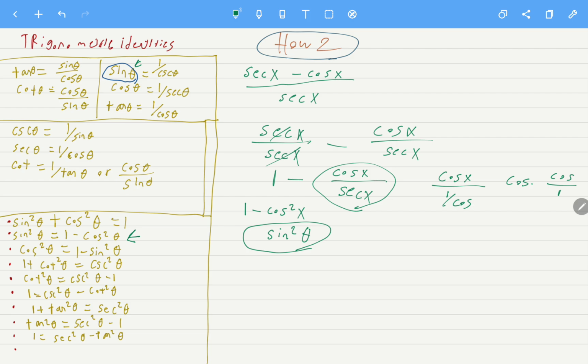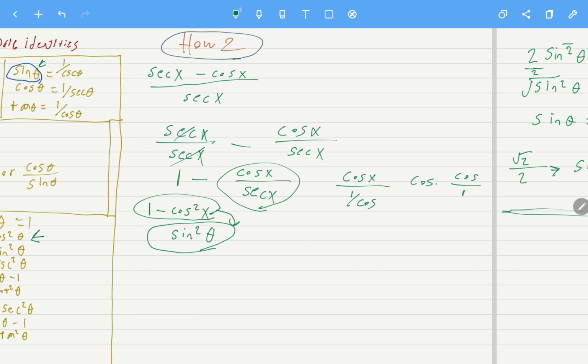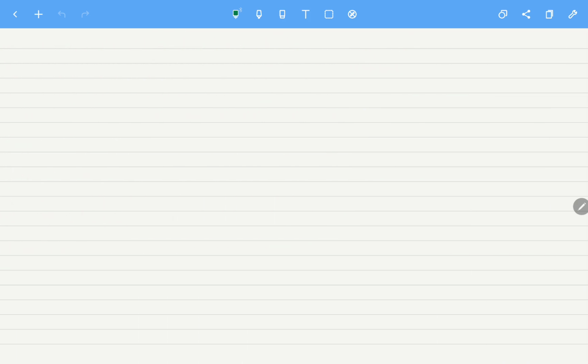Because of finding a common denominator and then essentially just cancelling these out, making these into this, and then turning this identity into this. Now we have a single trig identity. We're going to go on to the next page where we're going to practice getting a common denominator.